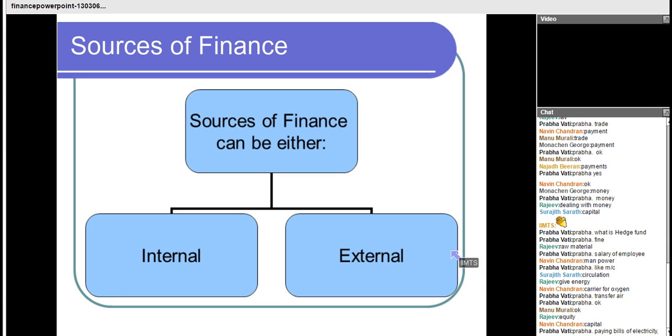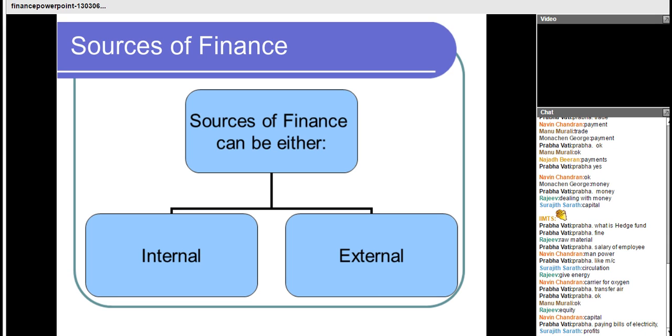Bill of electricity. Prabha, that is an expense. I am asking about the internal source of finance. Naveen says capital.